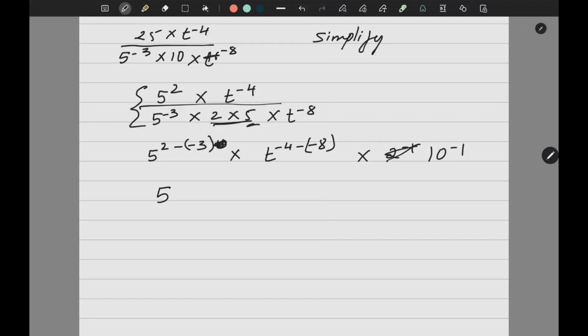So this will become 5 to the power 5 into t to the power 4 upon 10. Right? So now this will be the answer. We have simplified. You can further simplify by cancelling this 5 to the power 4. You write t to the power 4 and down it will be 5 ones are 5, twos are 2. So this will be the answer.